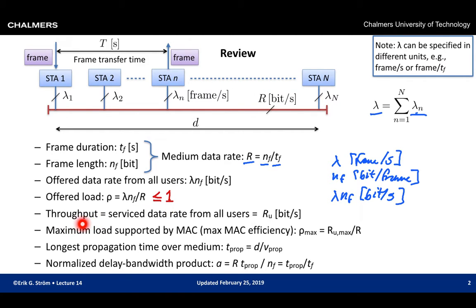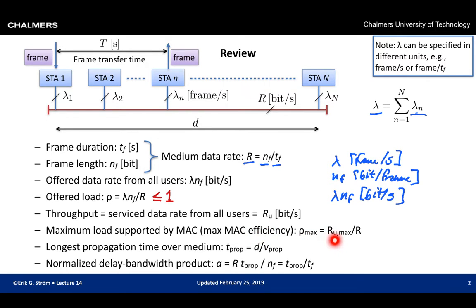So the throughput is actually the data that gets through, okay? It's sometimes also called the service data rate from all users, and suppose that's R_U bits per second. Then there is a maximum load which is supported by the medium access control, sometimes also called maximum MAC efficiency.